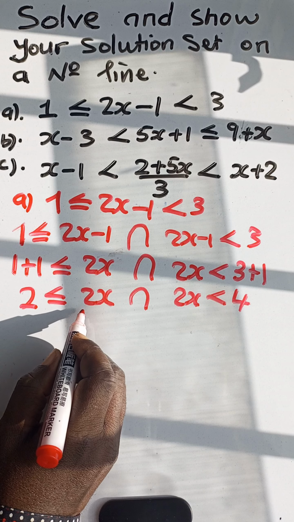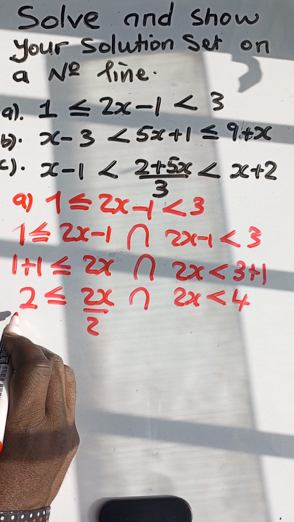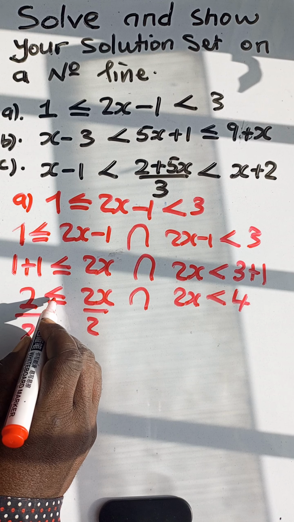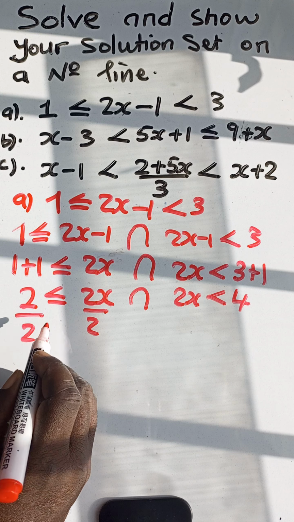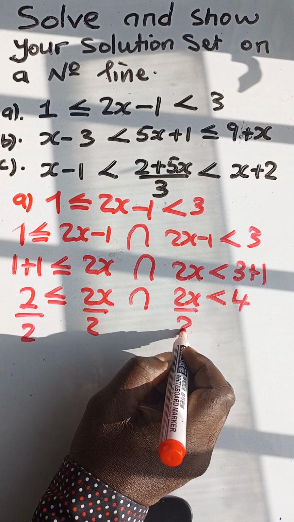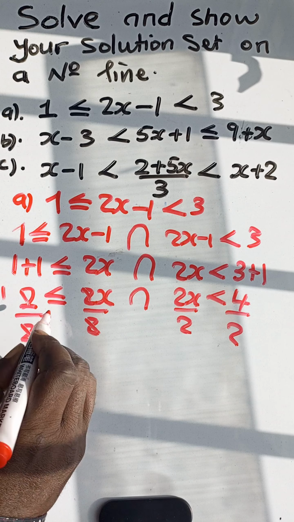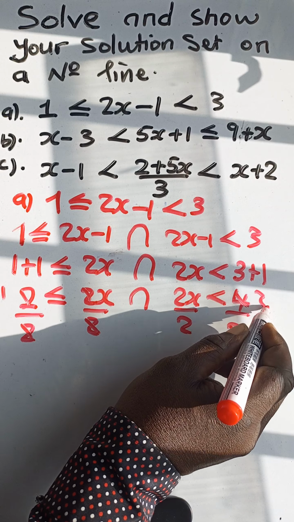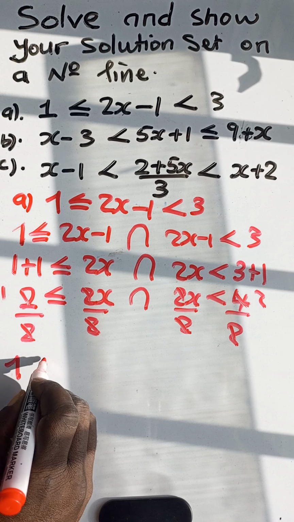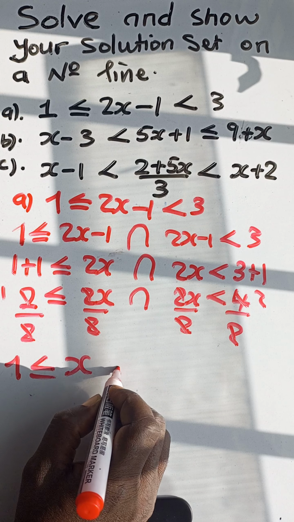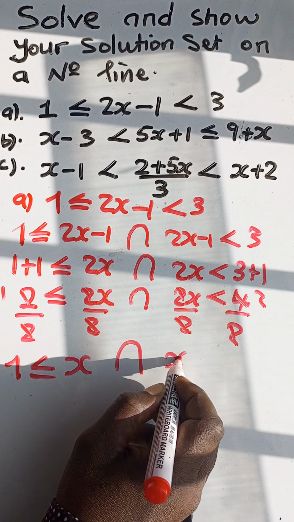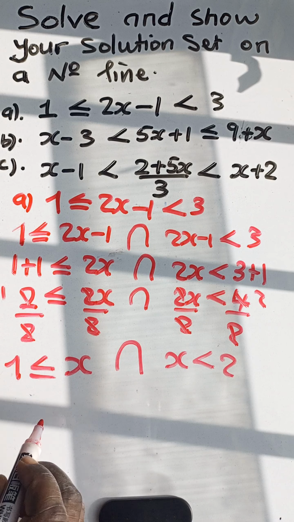At this point, since 2 is positive, we can divide both sides without any effect on the inequality sign. Here we also divide both sides by 2, so that we can see how 2 cancels. And so we're going to have 1 less than or equal to x, intersection x less than 2.